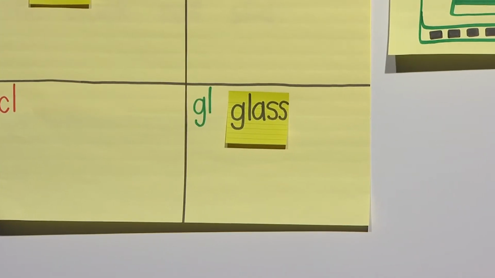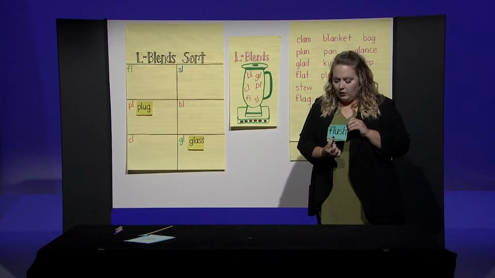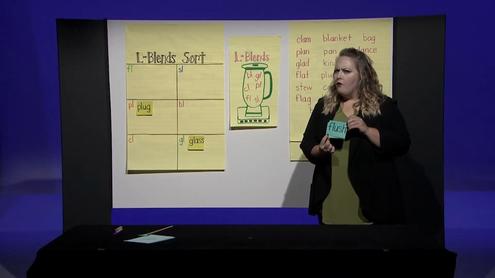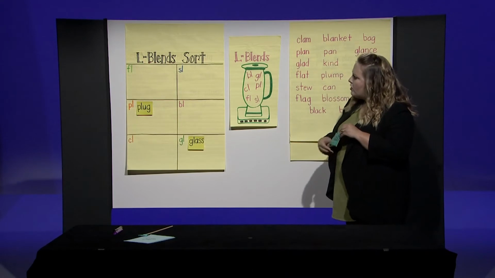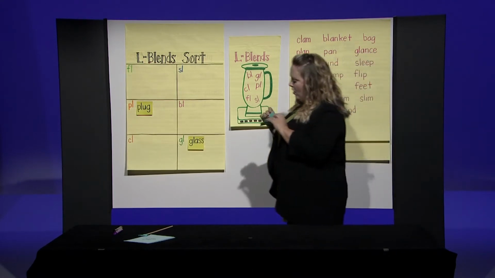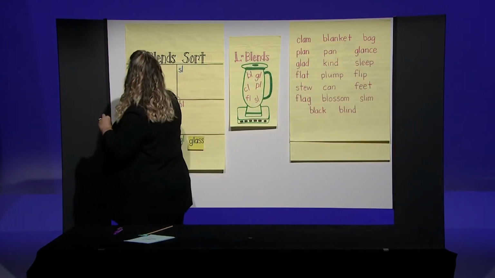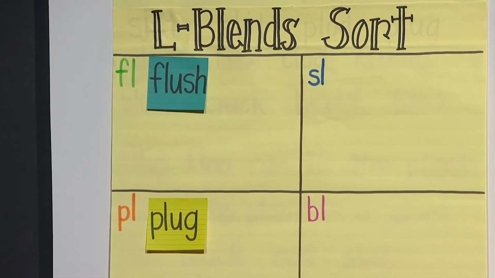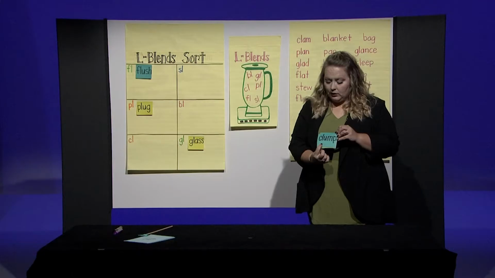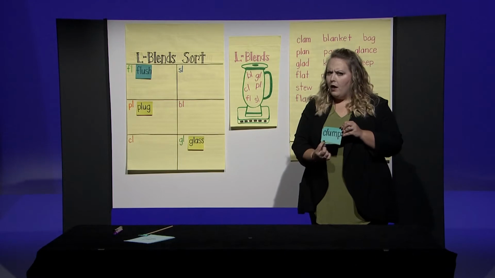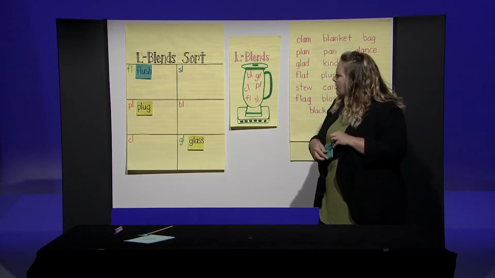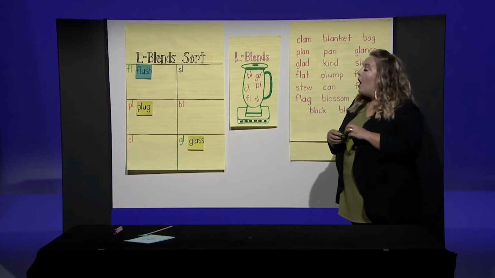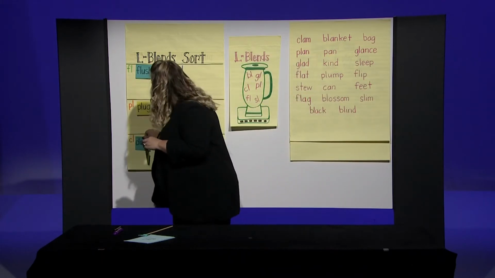Okay, look at this one. Flush. Where does flush go? FL. Very good. Clump. Where does clump need to go on my chart? CL. I heard you. Great job.